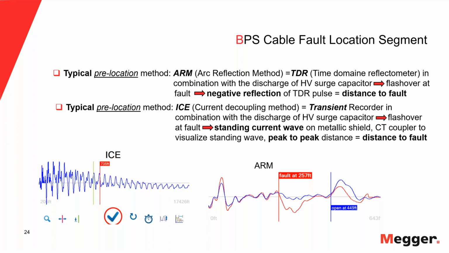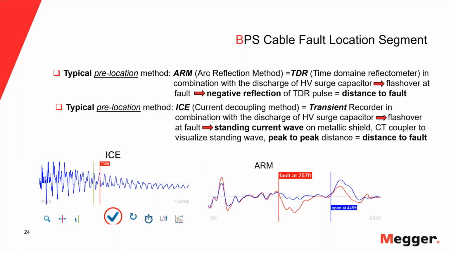If the TDR is too fast, it will not see an arc because the arc hasn't developed yet. If we shoot in the TDR pulse too late, it also cannot see the arc because the arc has already extinguished. So you need the synchronization. For certain faults, especially on paper cables, that is much more difficult to do.